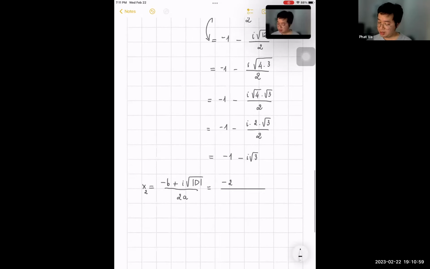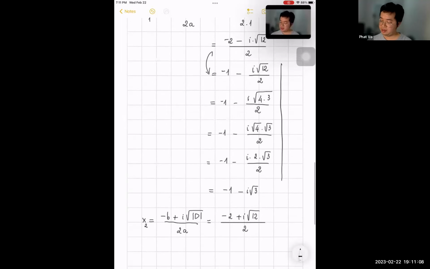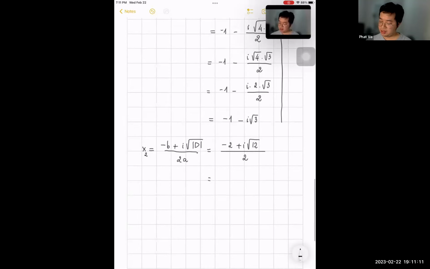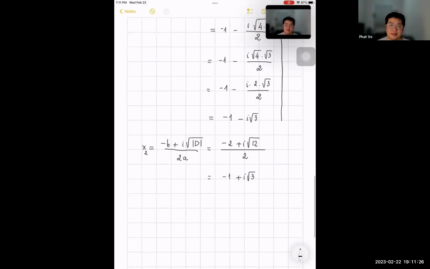And plus I times square root of 12 over 2. And you do similar steps like this. So you still get the result negative 1 plus I times square root of 3. Okay, it's similar. So you need to simplify this to this form. Any questions? Okay, hope it's clear for all of you.